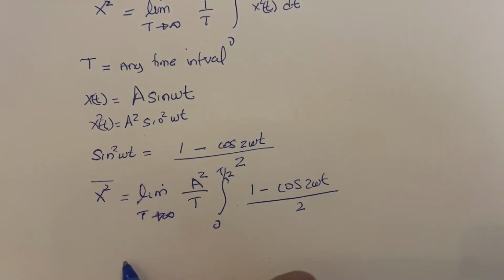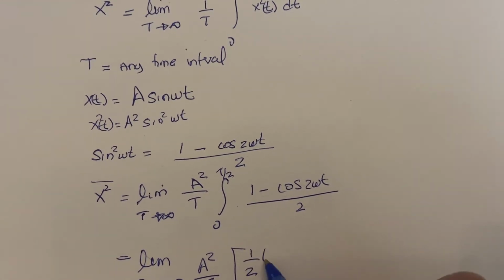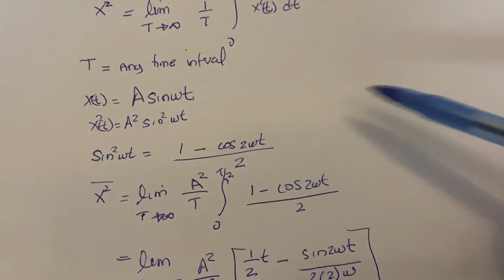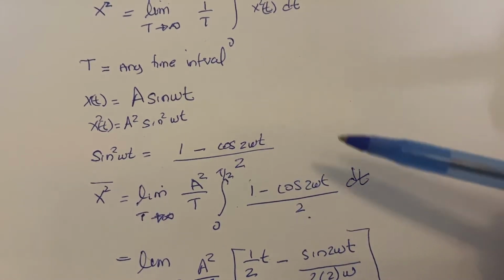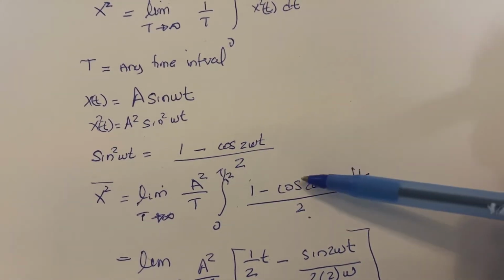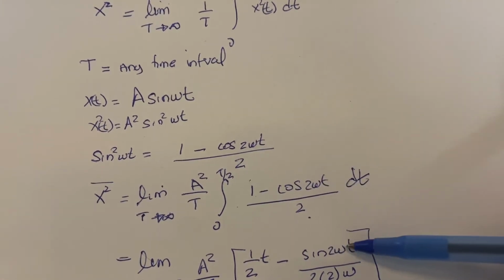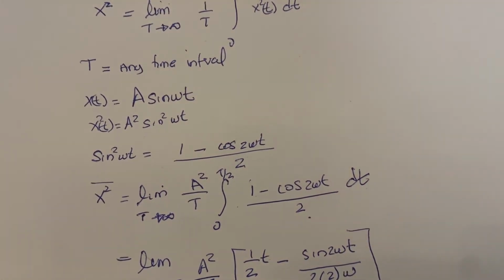That is equal to the limit of time going to infinity of A squared over T, so we have taken the integral of 1 dt, and then 1 over 2 times the integral of cosine, which is sine 2wt over 2w, and then the integral of this portion here by time, and that's our result of the integral.